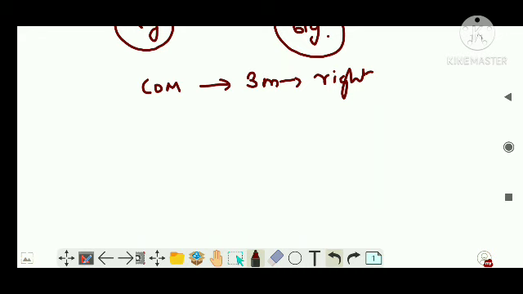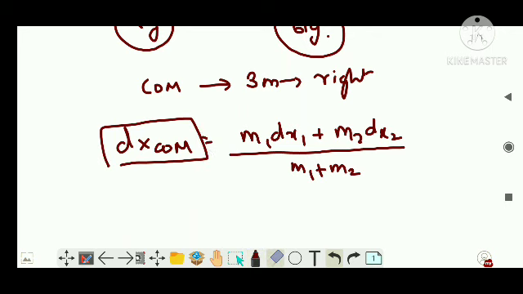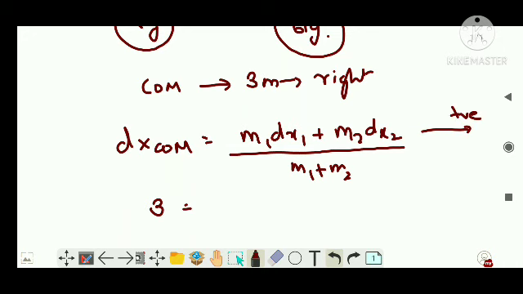So you know what dxcom is, that is M1 dx1 plus M2 dx2 divided by M1 plus M2. Now this is not 0 because there is a position change in our center of mass. How much does it have to be shifted? 3 to the right, and this direction I have taken positive, so 3.